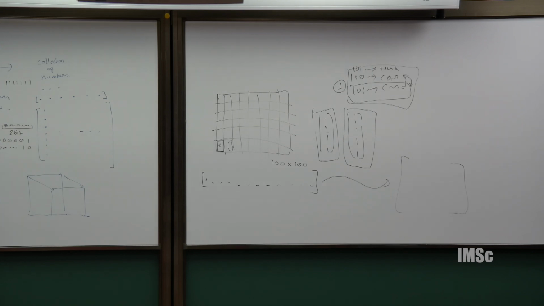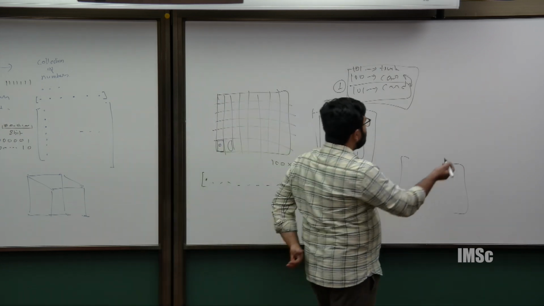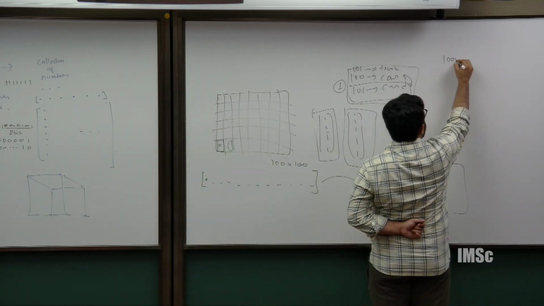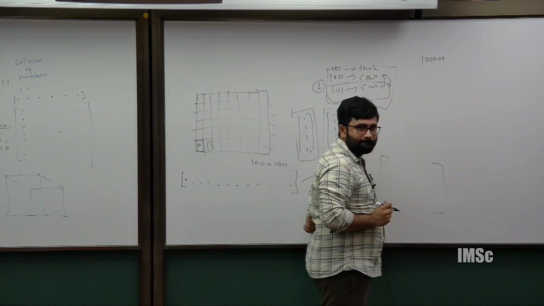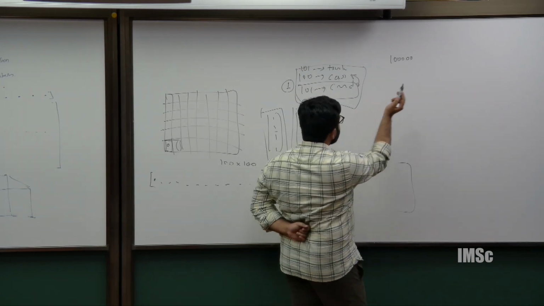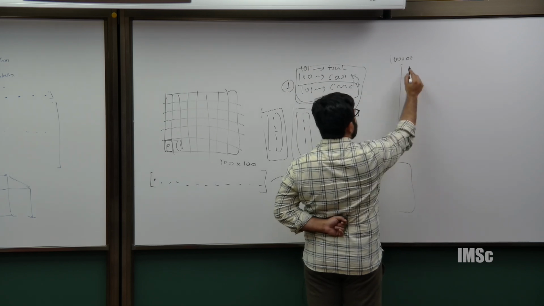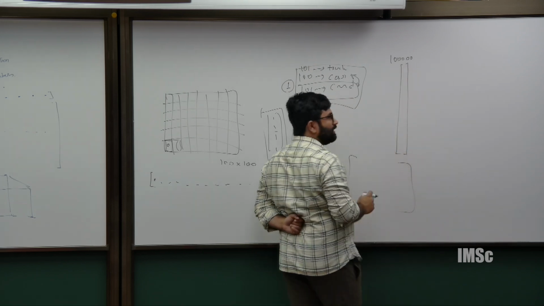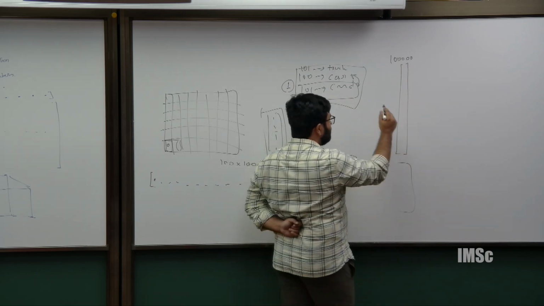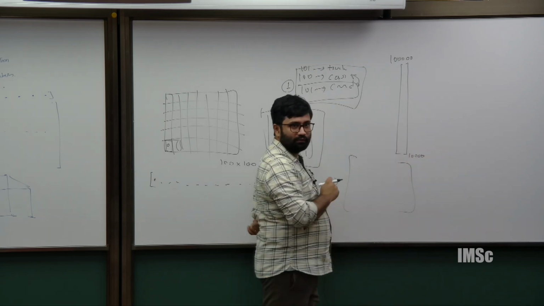So here is one other representation which let me suggest to you, which is that, let's say my dictionary has 10,000 words. So here is another stupid representation, which is that I will represent each word by a very long vector. This vector will have 10,000 dimensions.